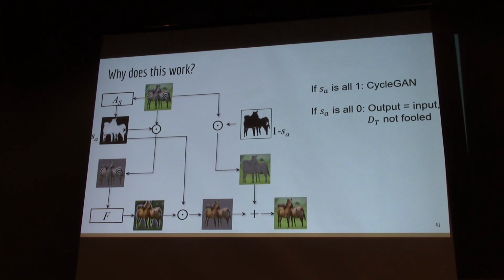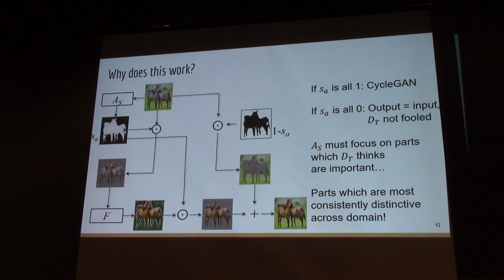So A_S must focus on the parts which the discriminator thinks are important to be able to fool D_T. Right? And the parts which are most consistently distinctive across the domain happen to be the foreground. Horses look more consistent across images than the backgrounds of the images the horses are in.